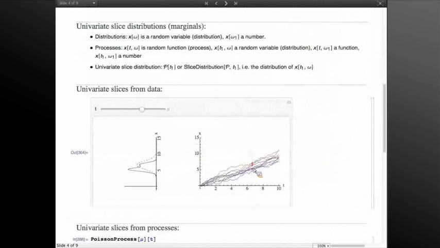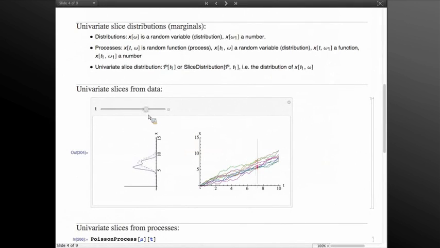If I use those as data points and I estimate a density function from that, like the smooth histogram function in Mathematica, then the bubbly curve here is what that density function looks like. The dashed one is the theoretical one. But you can see as I move my slice around, I get sort of a different density.